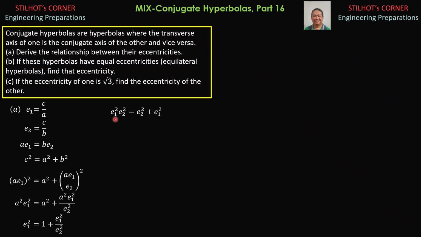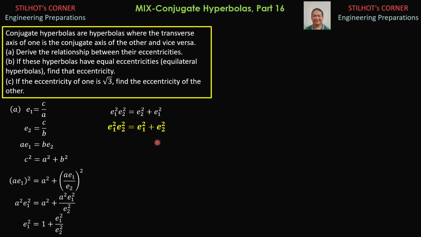So the relationship between the eccentricities of conjugate hyperbolas is now clear, and we just rearrange the right side. So we have E sub 1 square, E sub 2 square equals E sub 1 square plus E sub 2 square.